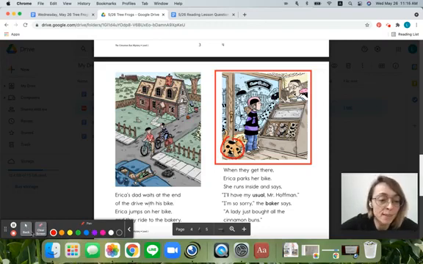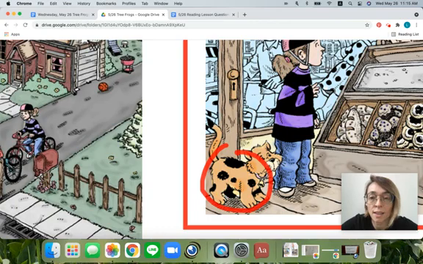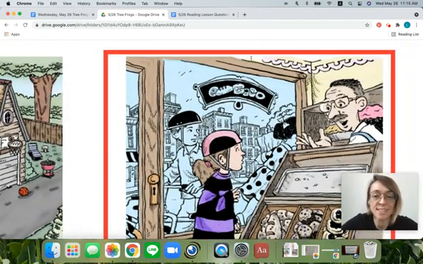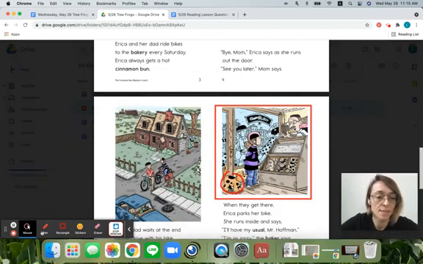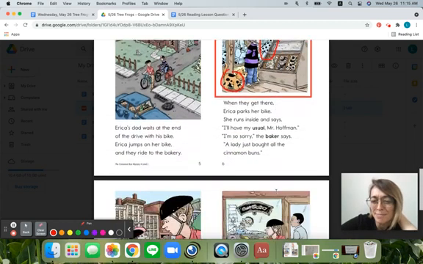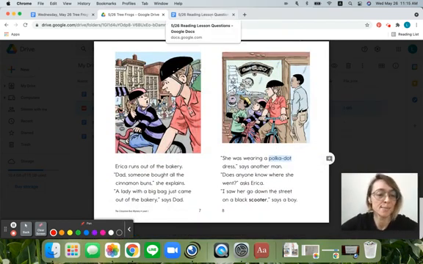Let's make it even bigger. I hope you can see her now. Here she is in the window, the lady with the polka dot dress. So wait, why are they looking for this lady? Do you know? All right, let's check your reading questions.